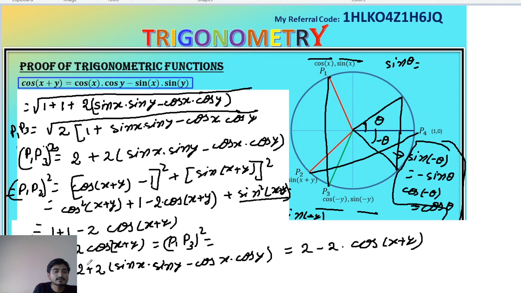So this 2 and this 2 cancel. Now this 2, so after that what will be left?